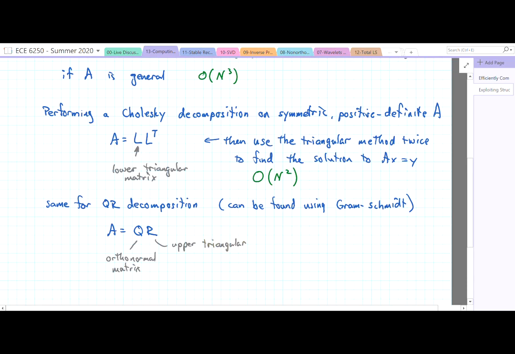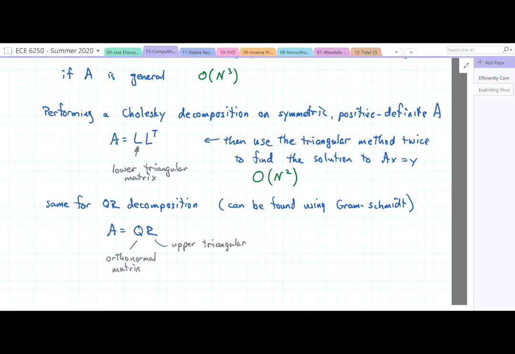So, how do we find this using the QR decomposition? Well, essentially what we're saying is, if A has full rank, we can transform A into a set of orthonormal basis vectors.